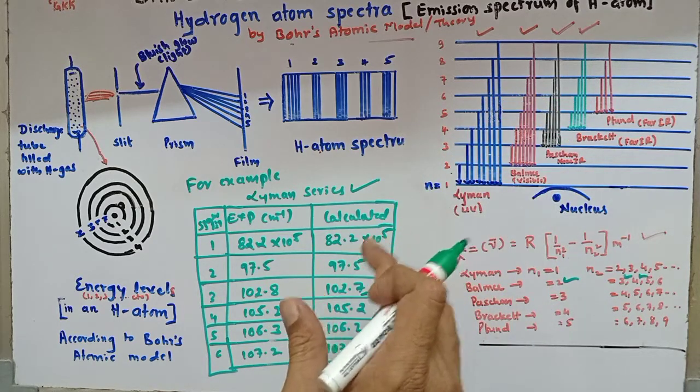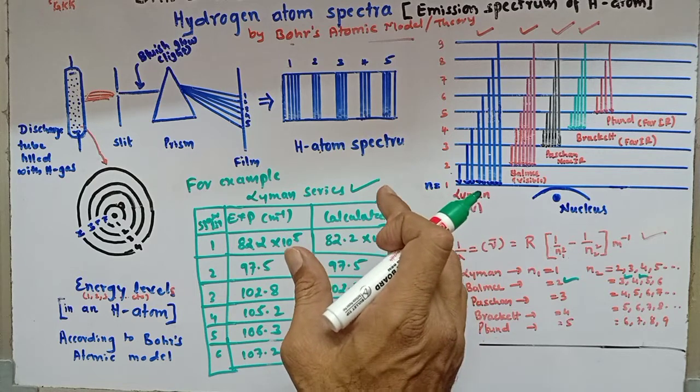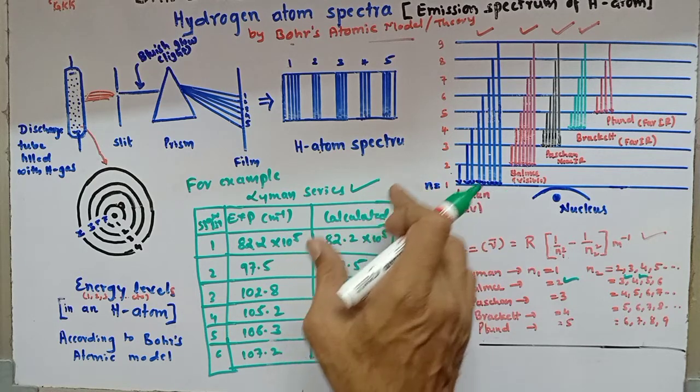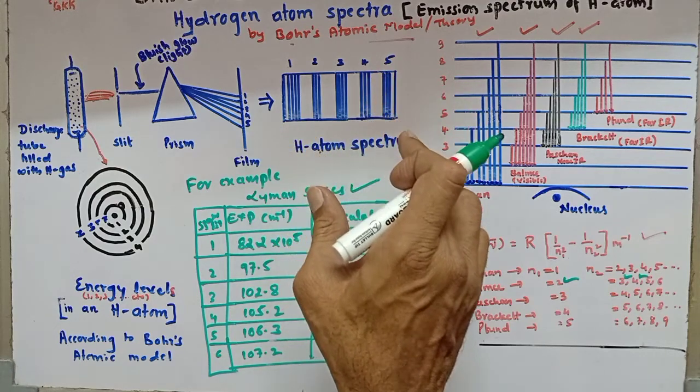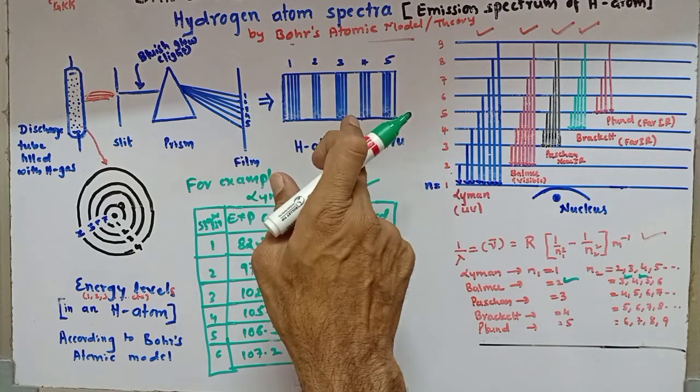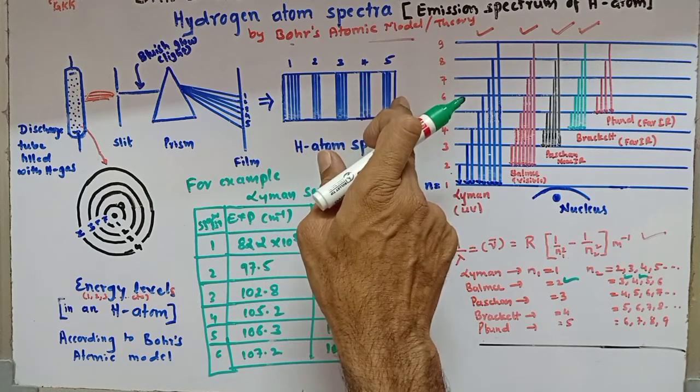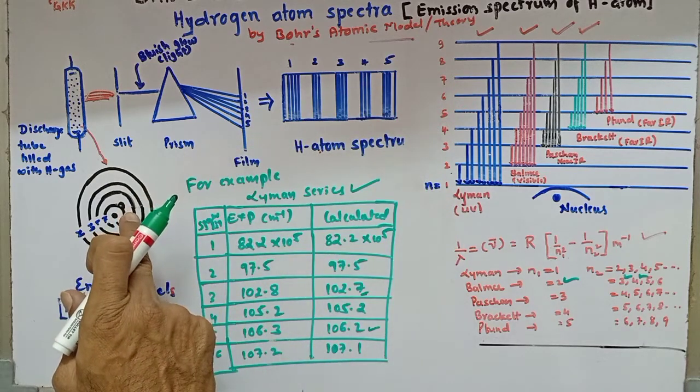Further, Bohr theory has also explained why the hydrogen emission spectrum consists of discrete spectral lines. It has also explained why there is a large number of spectral lines even in the emission spectrum of the hydrogen atom, even though the hydrogen atom contains only one electron.